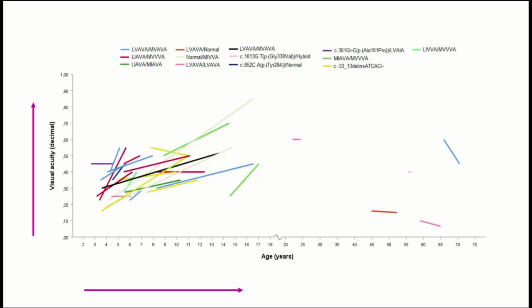As you can also see, most of our patients are relatively young, so we don't really know what happens to this visual acuity later on. But it appears, because each line represents follow-up in a single case, that visual acuity improves a little bit in the early years. But most patients have vision that's lower than, let's say, 55%.